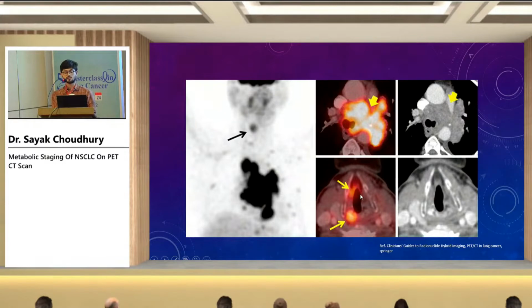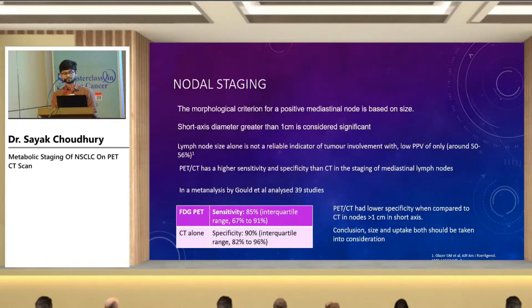The ipsilateral vocal cord will not show uptake, but the contralateral vocal cord will show uptake. So this implies that on the left side there is vocal cord palsy, and on the right side there is compensatory uptake in the cricoarytenoid joint and also in the vocal folds.